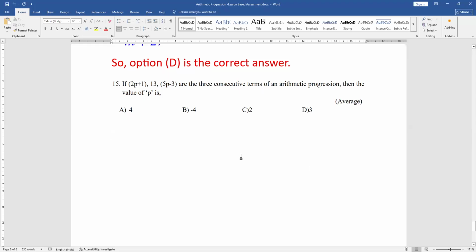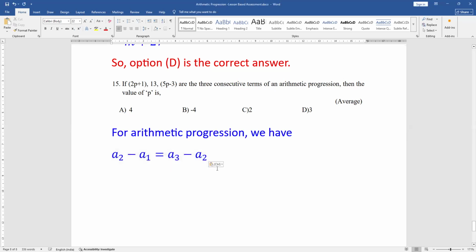Now for arithmetic progression, we have a2 minus a1 equals a3 minus a2. That is, second term minus first term should be equal to third term minus second term.